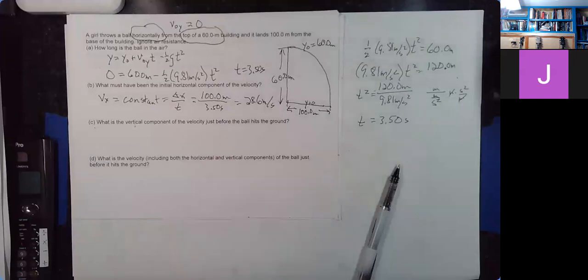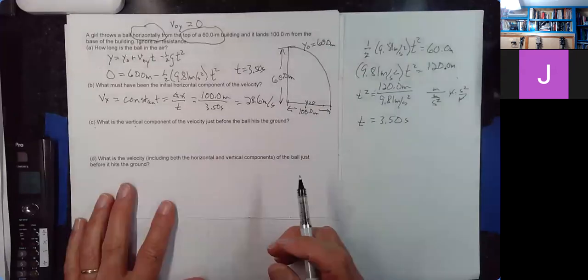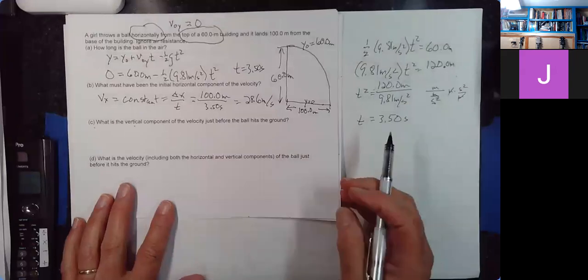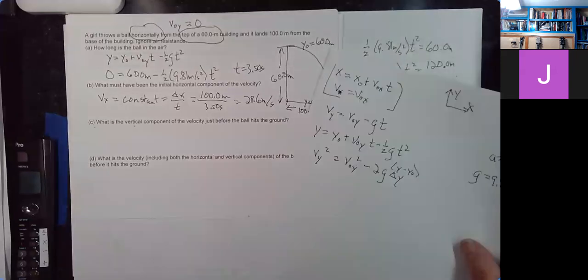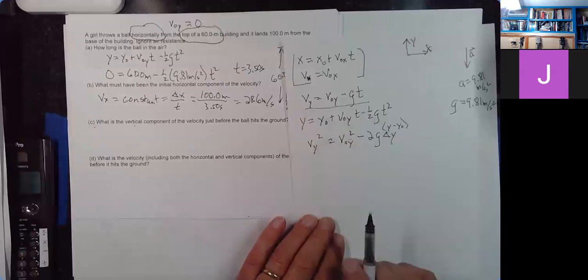Then it asks, what is the vertical component of the velocity just before the ball hits the ground? Well, we know it's going to be down, so it'll be negative. The equation that describes my velocity in the vertical direction is v naught y minus gt.